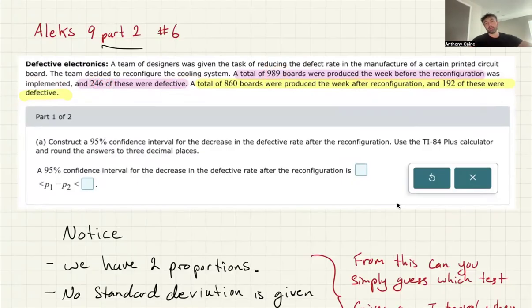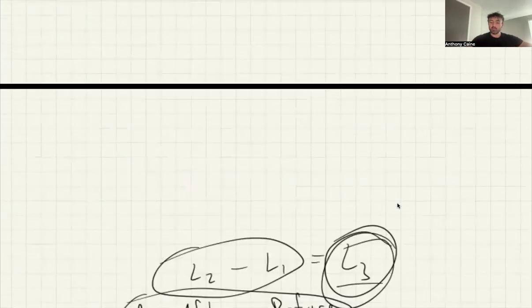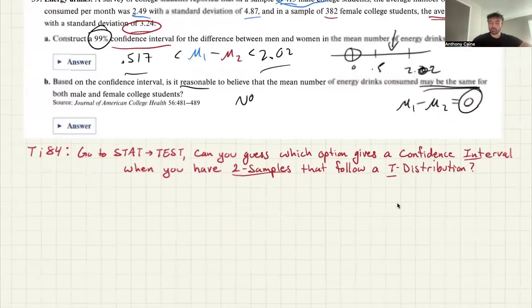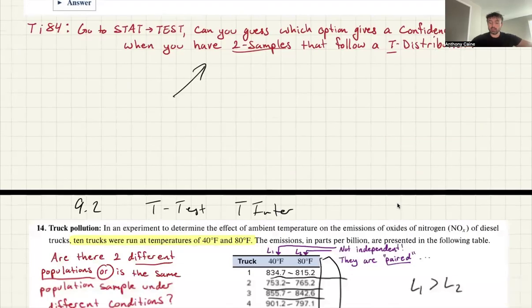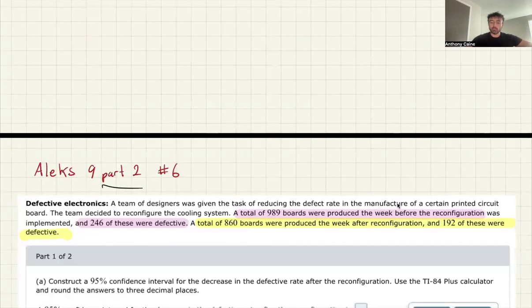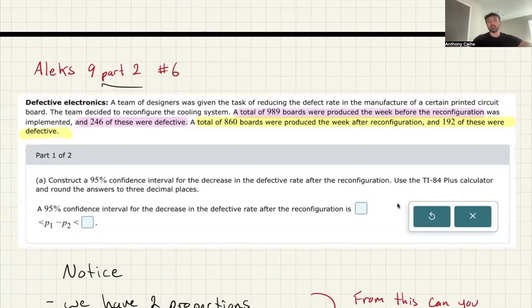When you read these proportion problems, if the word proportion is not explicitly stated, which often it is, look, the reason why I'm giving you these kinds of prompts, to select the right test based on what the problem says, is because it's really common for students when they're learning and they see these numbers to guess, oh, maybe it's a T or whatever, right?